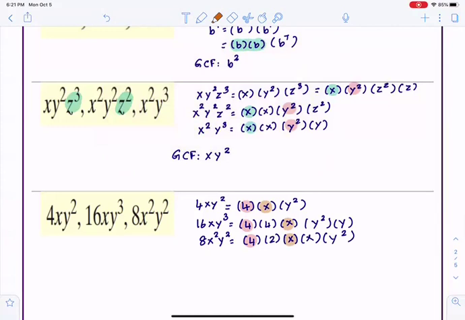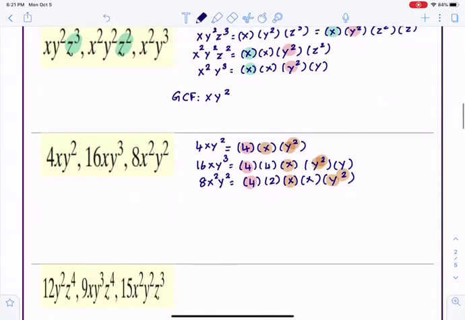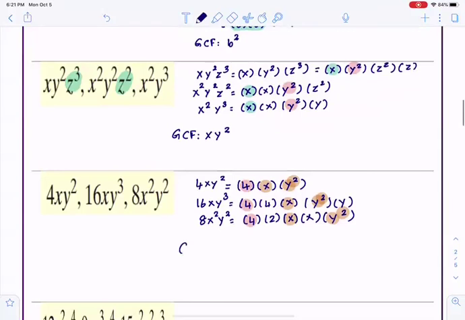And lastly, with respect to the y's, we have y squared in common, and that is the greatest factor that we can see in common. So the greatest common factor here would be 4 times x times y squared.